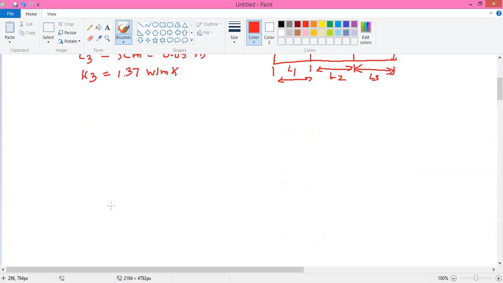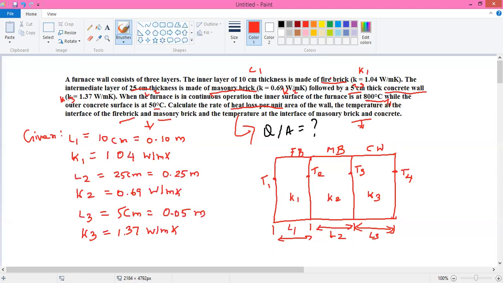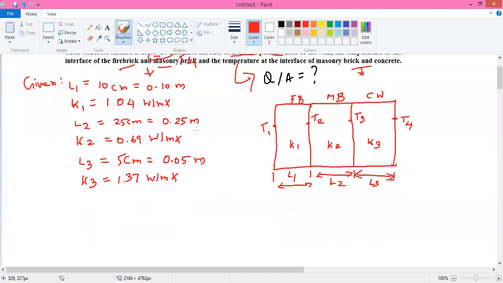Sorry, temperature T1 and T4 are given, because this is the exit temperature, that is T4. So just to name it, the initial temperature is T1. This is the inner surface temperature given in the problem, that is 800 degrees Celsius.